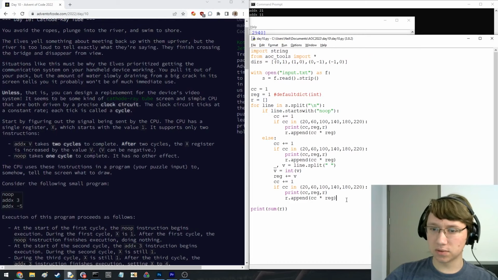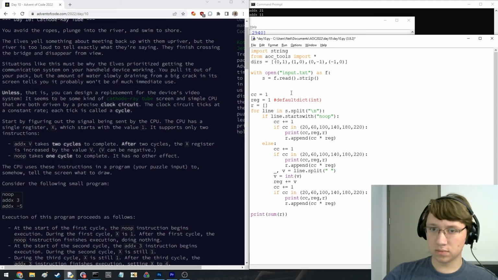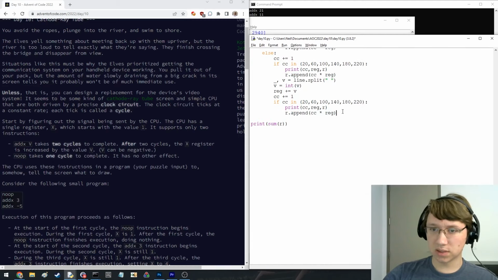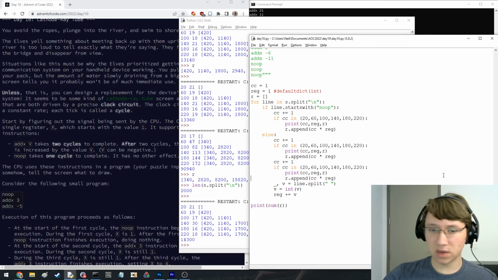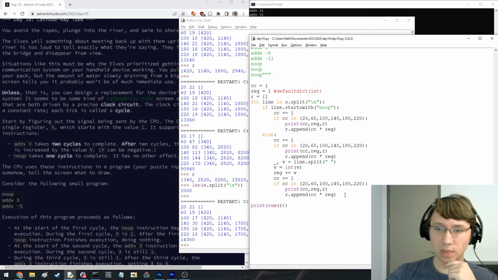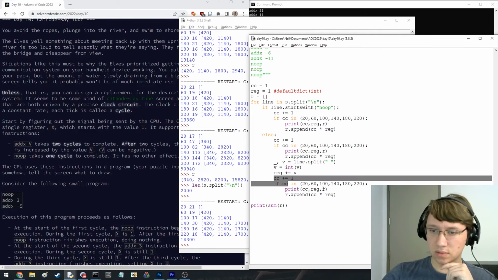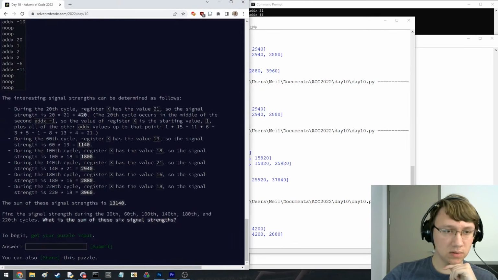After 2 cycles. I don't think this is the case, but just in case, if we do this, yeah, we get a different answer. So why does it not work?